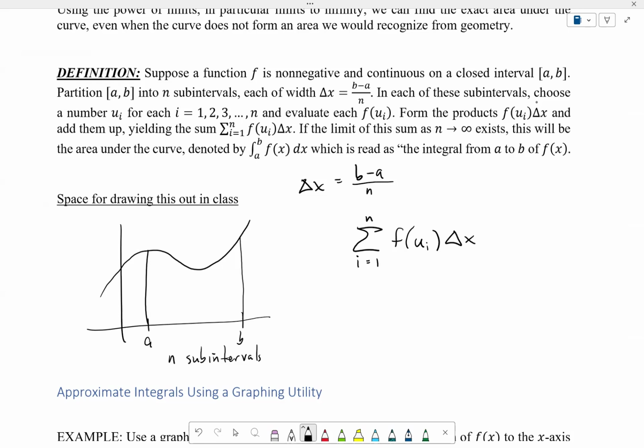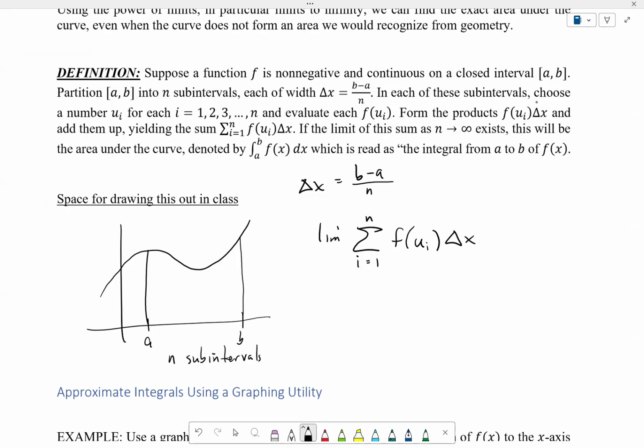What we want to do is take this limit. Take the limit as what goes to what?